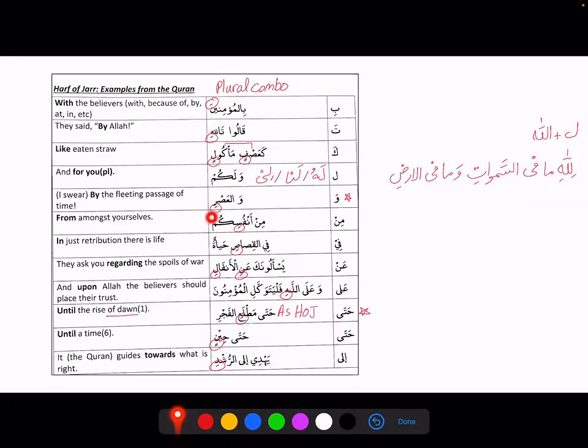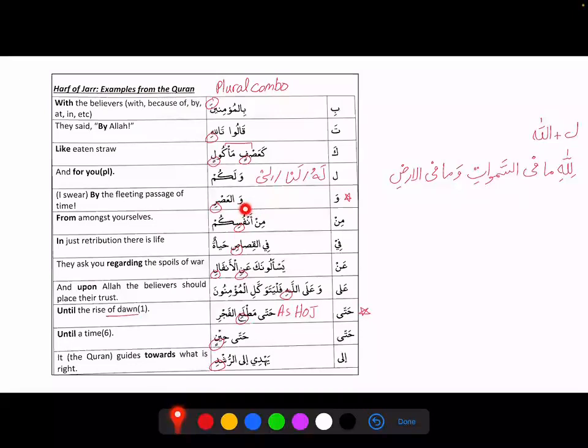Then we have wal asri. So wow again. Harfu jar. Is that harfu jar or something else here? It's a harf of jar. How do we know? Because asri is jar. Exactly. Majrur. So after wow, not every wow would be harfu jar, because we have so many wows in the Quran.